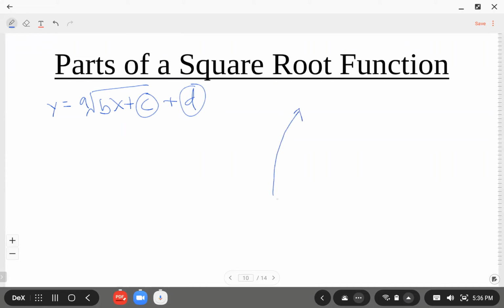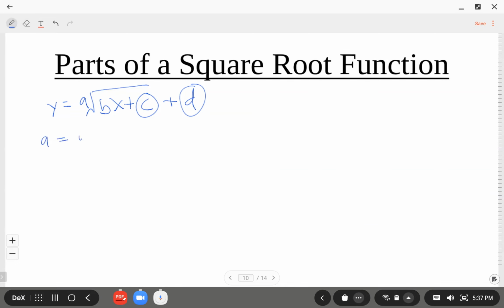Usually our parent function is like this. When a is positive, the y increases faster. Let's say it's 10, then it will look like this. If it's 1, it'll look like this.